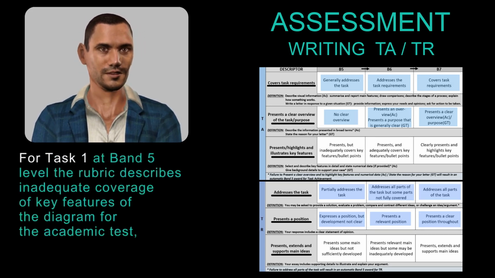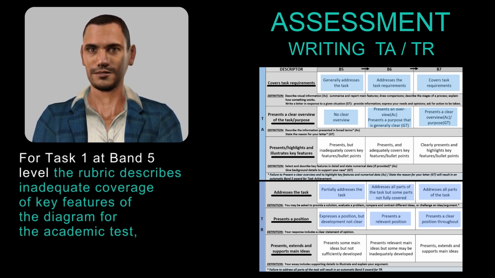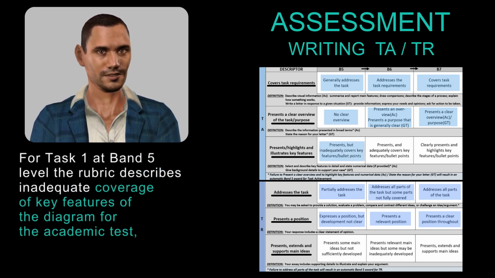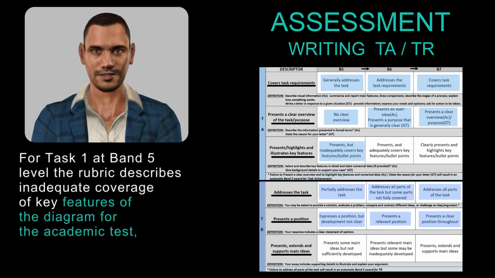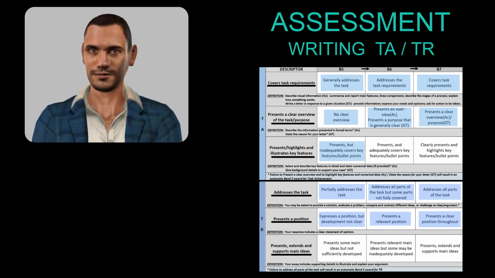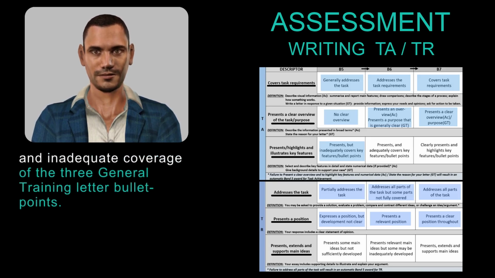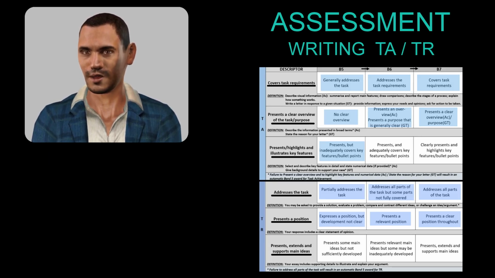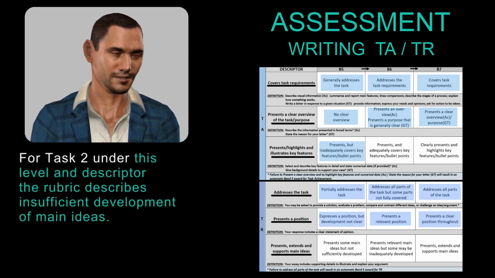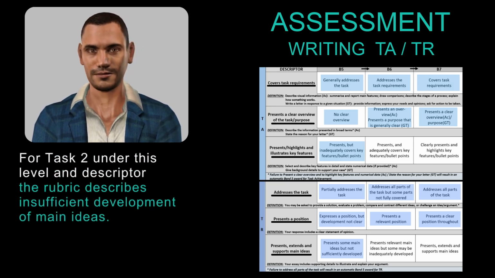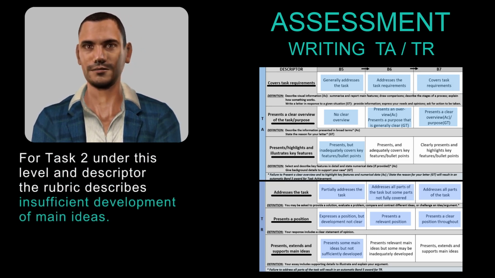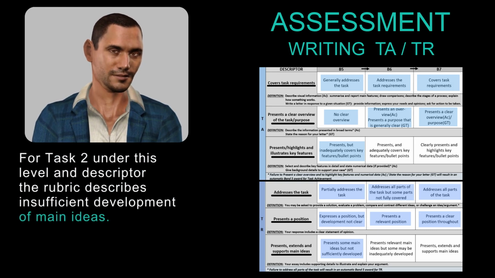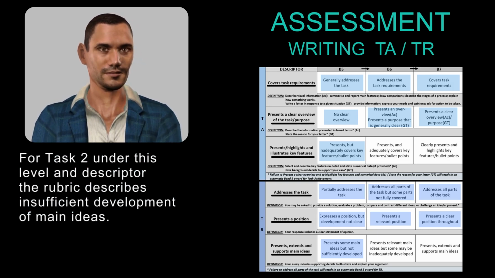For task 1, at Band 5 level, the rubric describes inadequate coverage of key features of the diagram for the academic test and inadequate coverage of the 3 general training letter bullet points. For task 2, under this level and descriptor, the rubric describes insufficient development of main ideas.